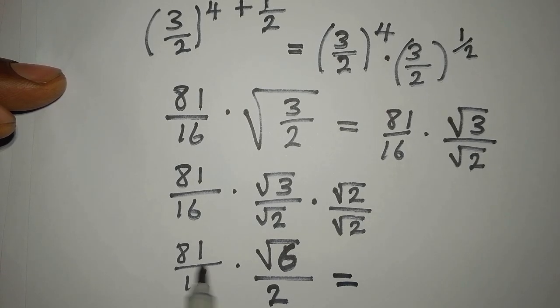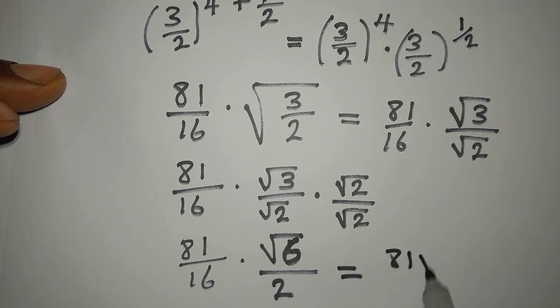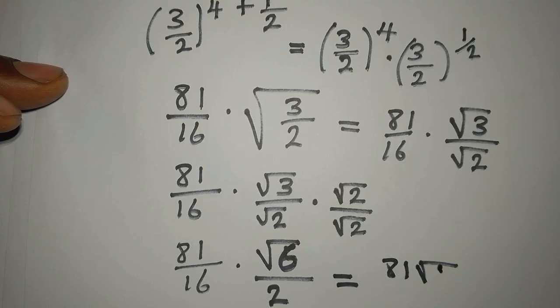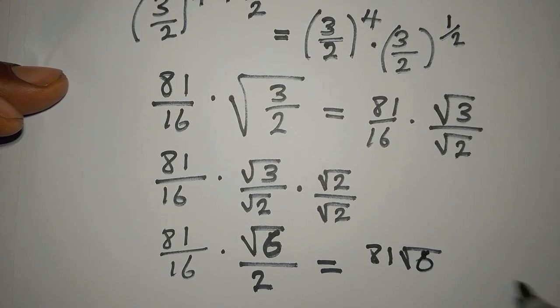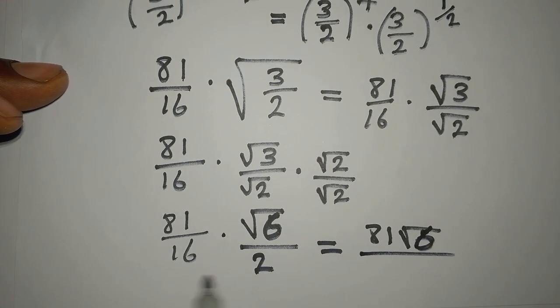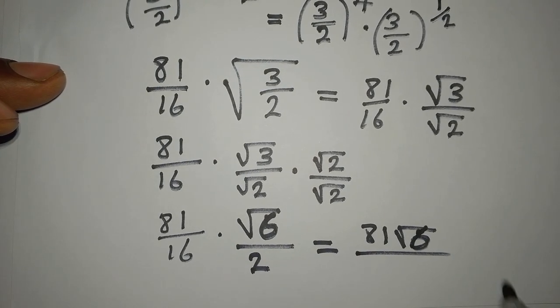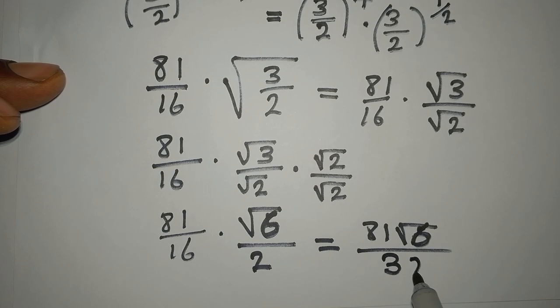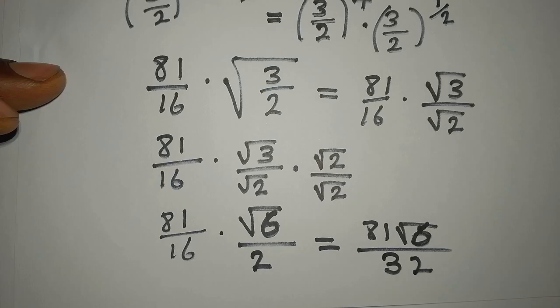So this will be equal to 81 times root 6, which gives us 81 root 6. Then under here we have 16 multiplied by 2, and that will give us 32, right? Okay, so we write our 32 there.